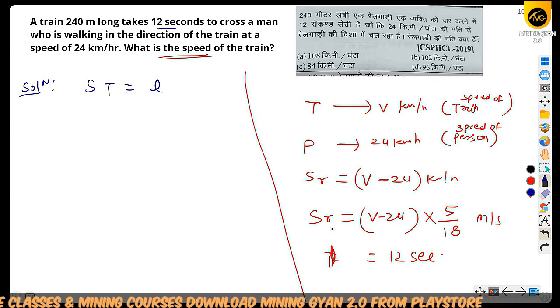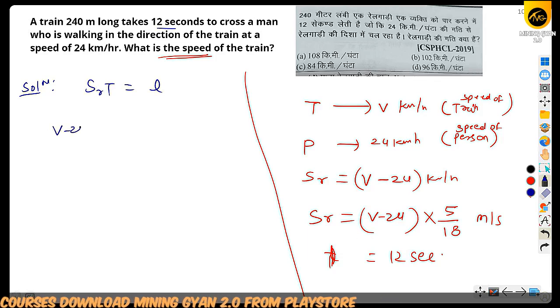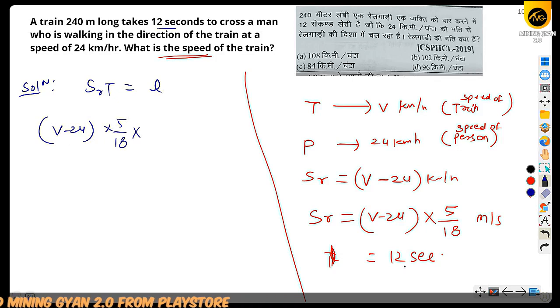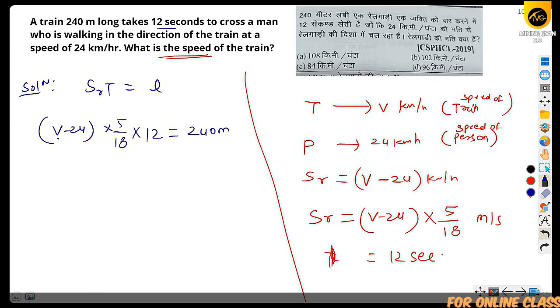The relative speed is (v minus 24) multiplied by 5 divided by 18, multiplied by 12 seconds, and that equals the length of the train, which is 240 meters. So in this case we have to find the value of v.